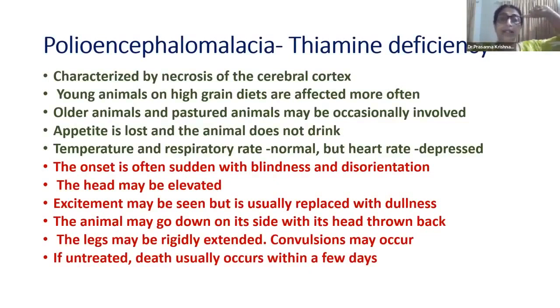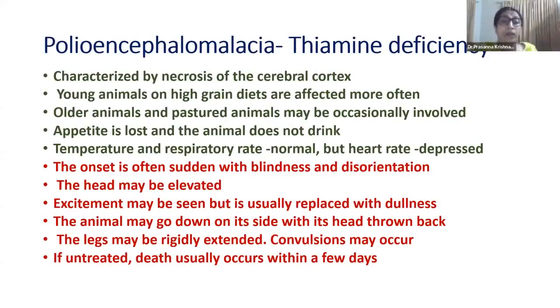It is directly affecting the brain, and that causes cortical necrosis of the cerebrum. Young animals on high grain diets are affected more often, while older animals and pastured animals may occasionally be involved. So the thrust should be given to young animals when you are giving a high grain diet.